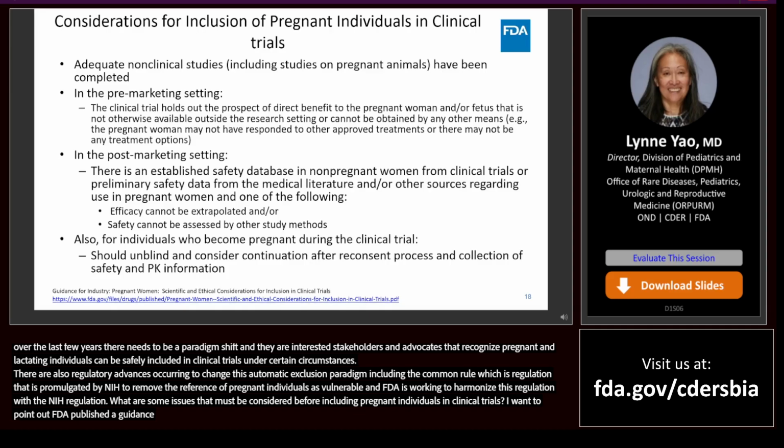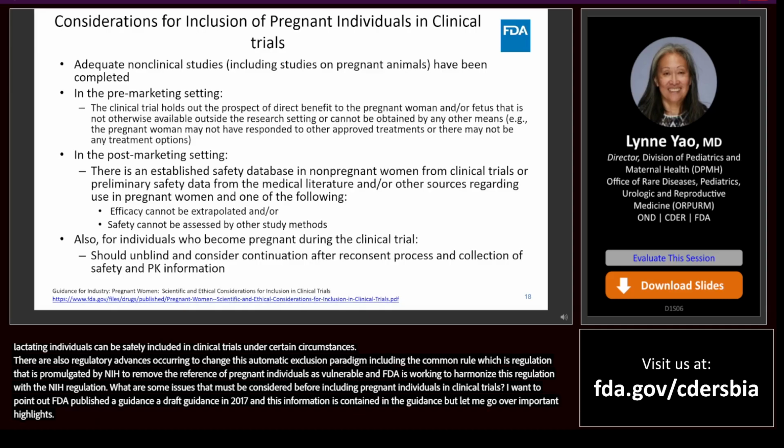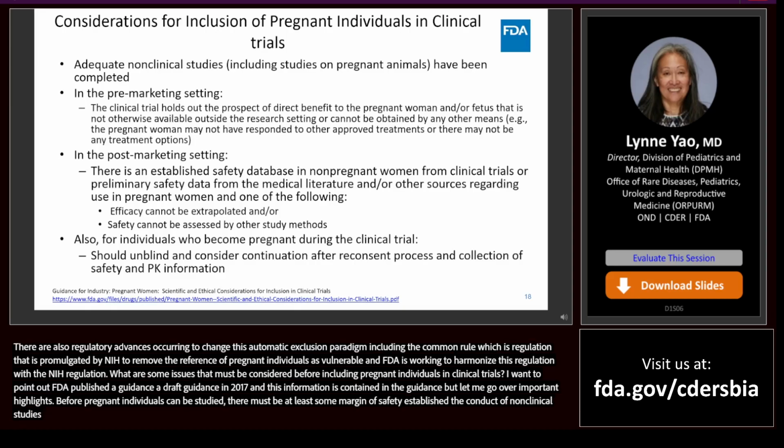The first is, before pregnant individuals can be studied, there must be at least some margin of safety established through the conduct of non-clinical studies in pregnant animals. And that's no different than going into adult populations or pediatric populations, that we must have the safety identified or evaluated, generally first in non-clinical studies.